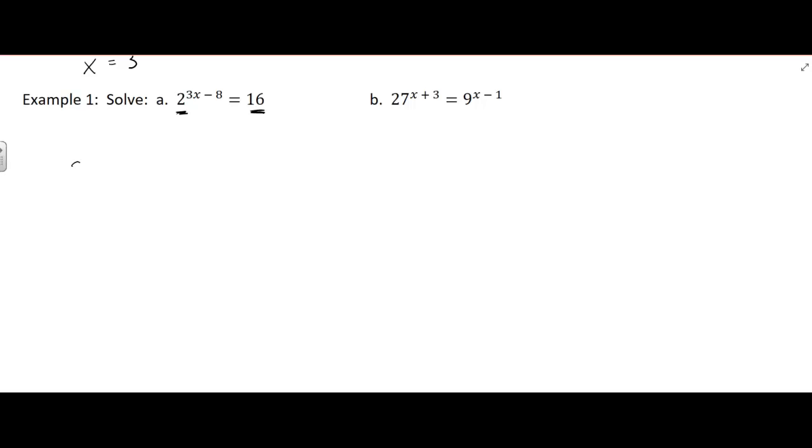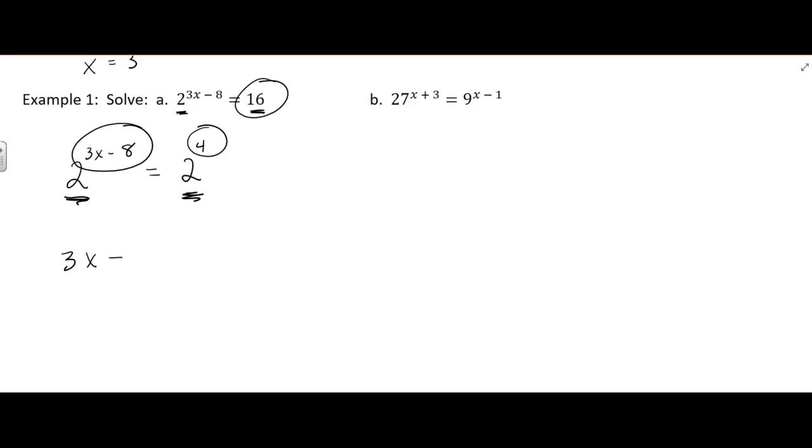So I'm going to write 2 to the 3x minus 8 equals, and I know that 16 is 2 to the 4th power. I want to match those bases. Then I can pop out the exponents and say they're equal to each other. So 3x minus 8 must equal 4.